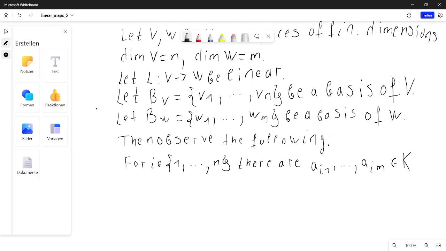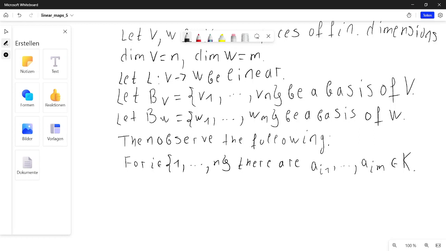I just want to represent each of the v_1 to v_n with the help of, well, of course not them, but their images. I want to represent their images, which will surely be elements of W, just because the map goes there. I want to represent them with those vectors, which is possible because this is a basis. Any vector in W can be represented with the help of those, and depending on i, the index of the vector whose image under L we take, we will have different representation coefficients in general.